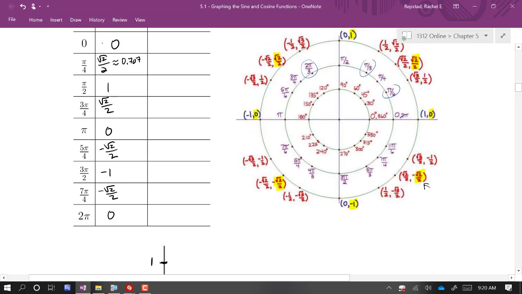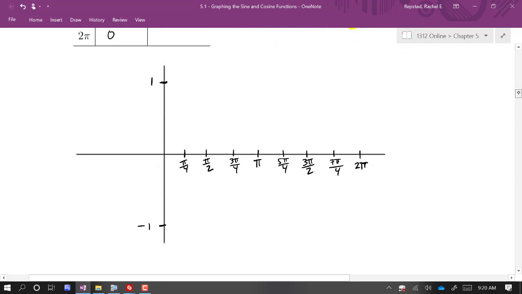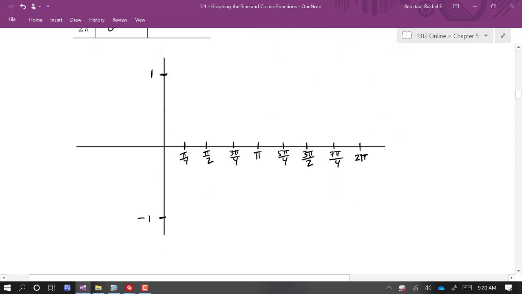We also have root 2 over 2 and negative root 2 over 2, so I'm going to mark that value off as well. Root 2 over 2, which is approximately 0.707, is maybe right there, and negative root 2 over 2 around here.